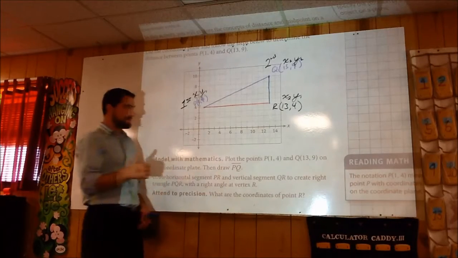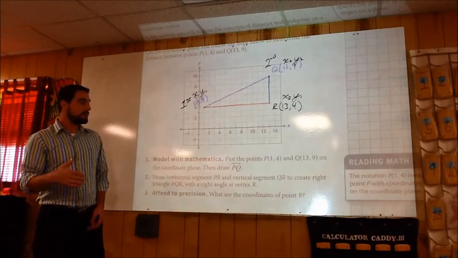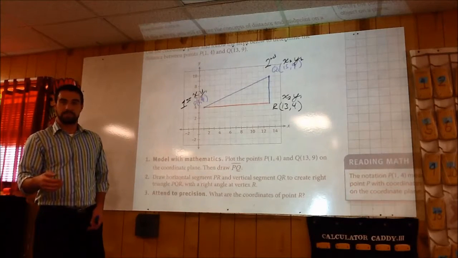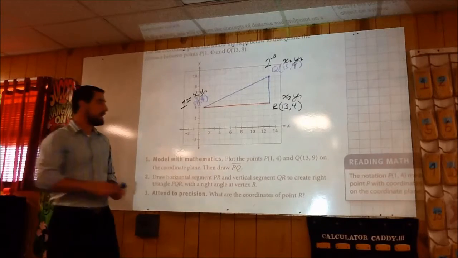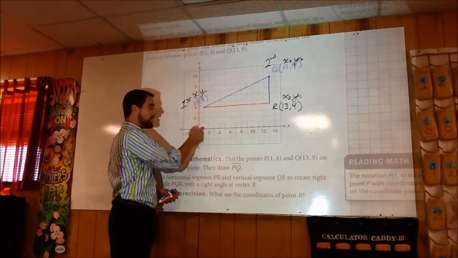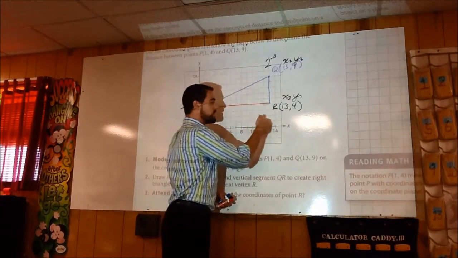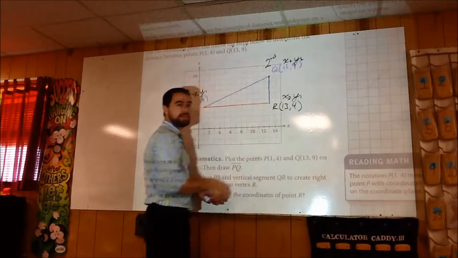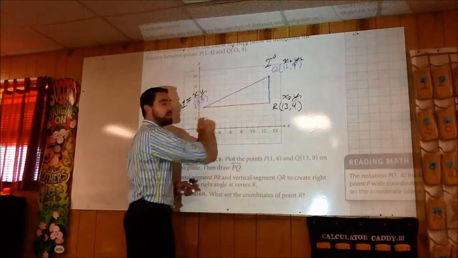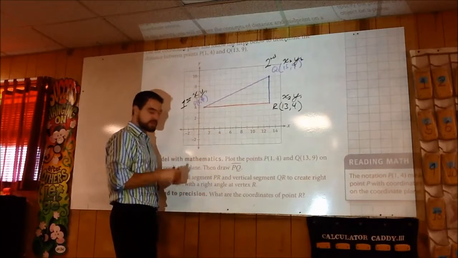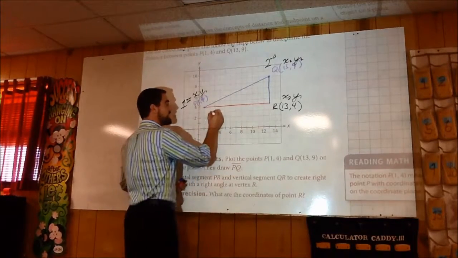And which coordinate is that? Is the x changing or the y changing? The x values are changing, right? I'm starting here where x is equal to 1, and then I'm moving over to x is equal to 13.